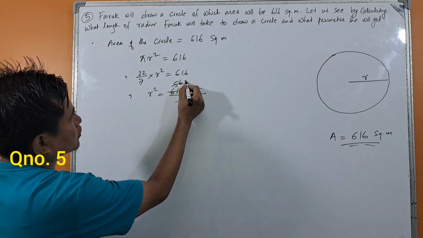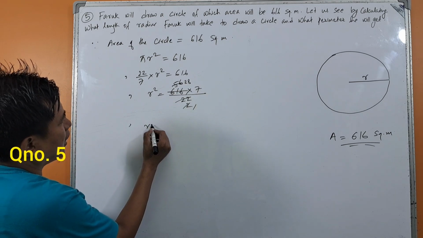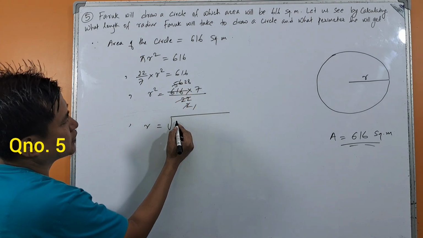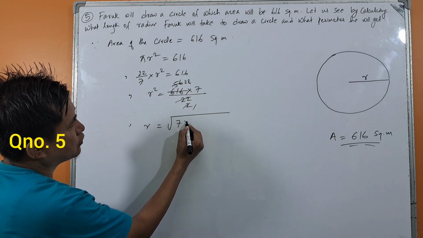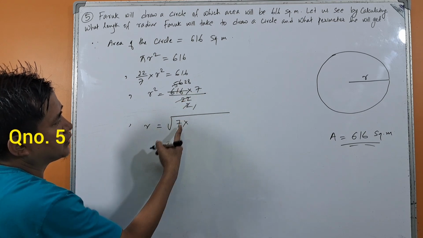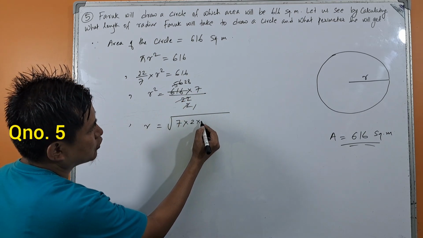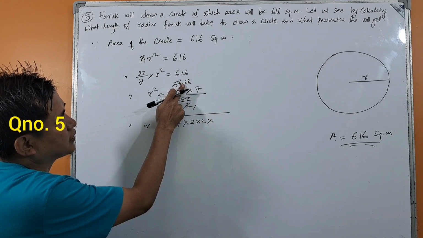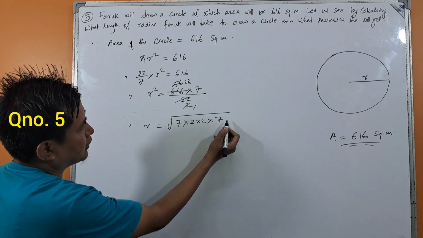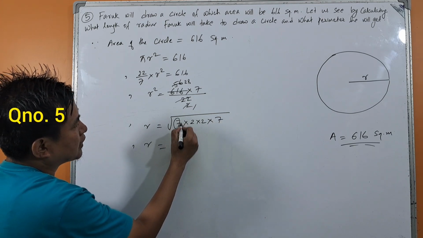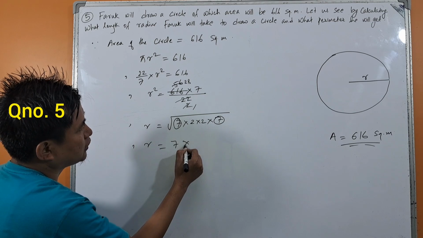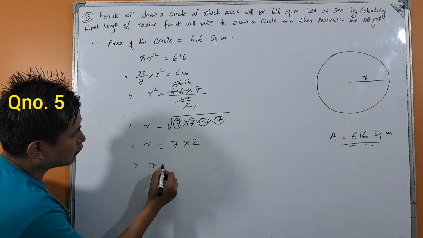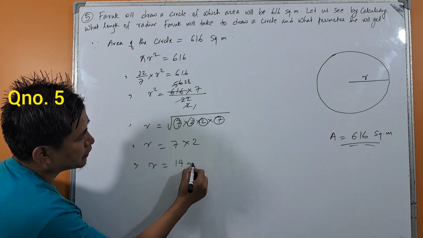So r square is 28 times 7, which is 196, and r equals the root of 196. 7 into 28 is 196; 28 is 4 into 7, and 4 is 2 into 2. 7 and 7 make a pair and come out of the root, 2 and 2 make another pair and come out of the root, so r equals 7 into 2, which is 14 meters.